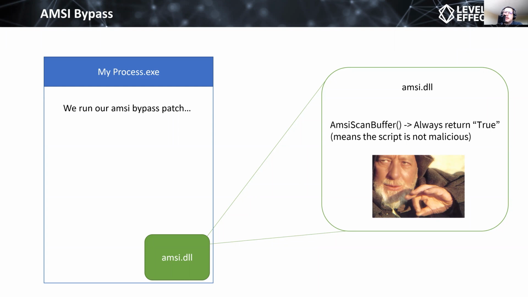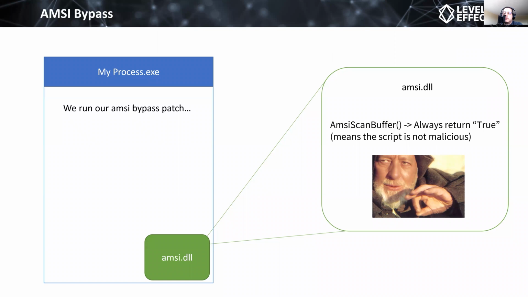And that's how it triggers the AMSI functions to run, because it has that local AMSI inside the process already. So what we do when we run our AMSI bypass patch is we locate that DLL locally in our own process. Again, this isn't like the Windows copy.